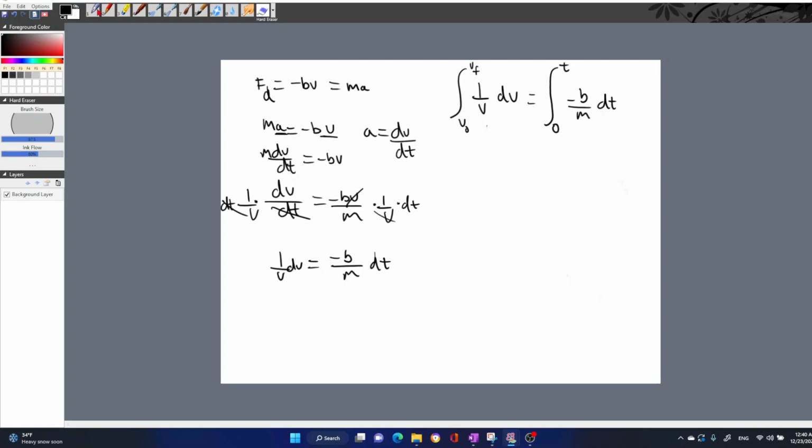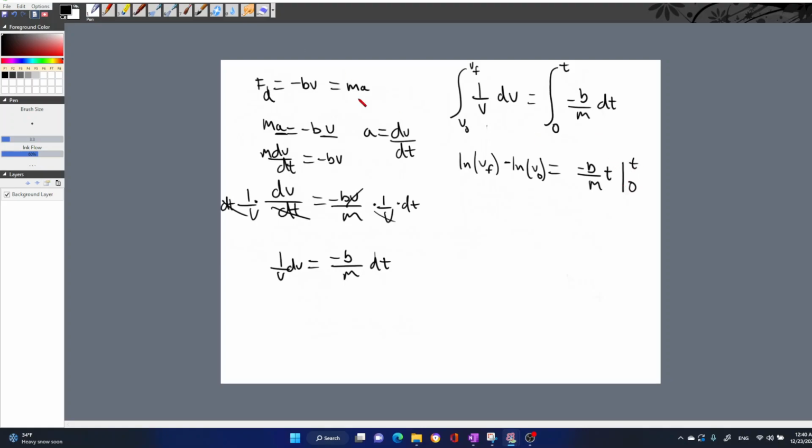And then this just becomes ln vf, because that's our final, minus ln v naught, which is equal to negative b over m, which are both constants. So just add the t term to it, and then you just get negative b over m t from the bounds of 0 to t.